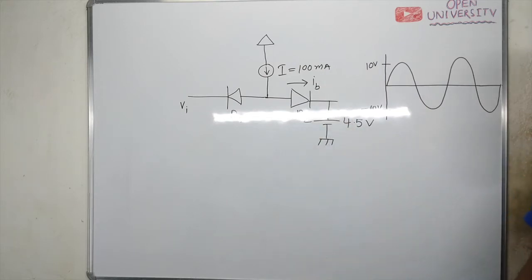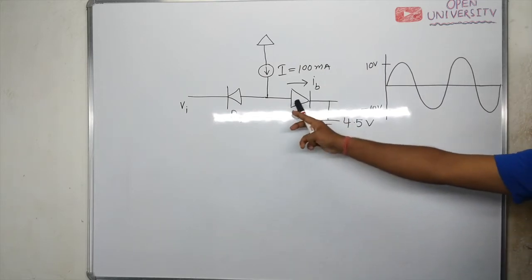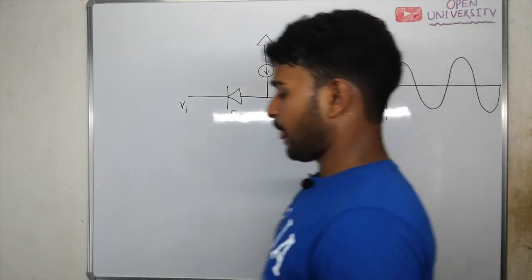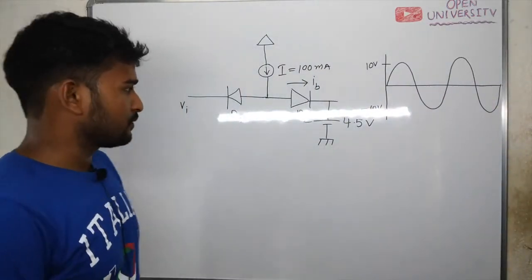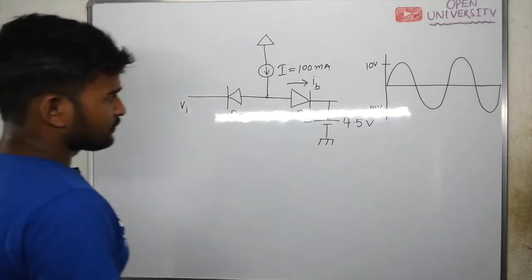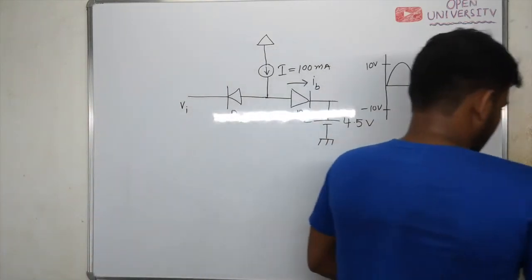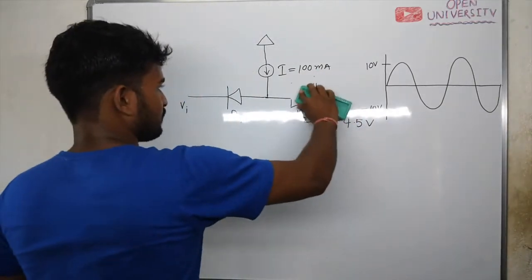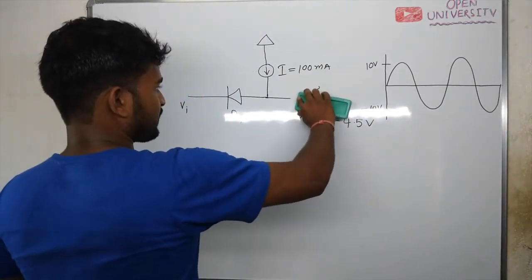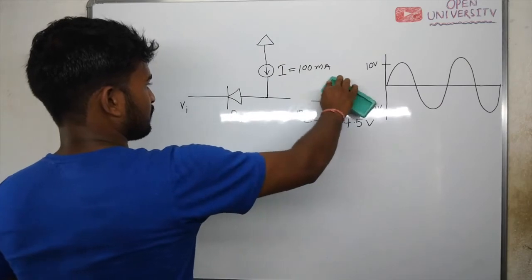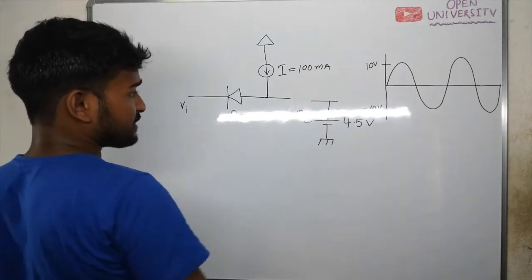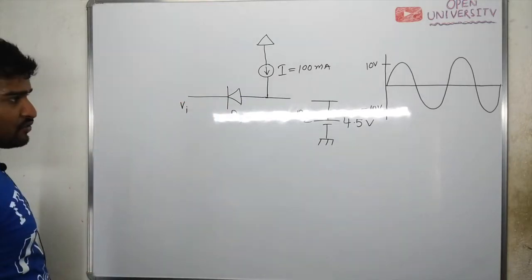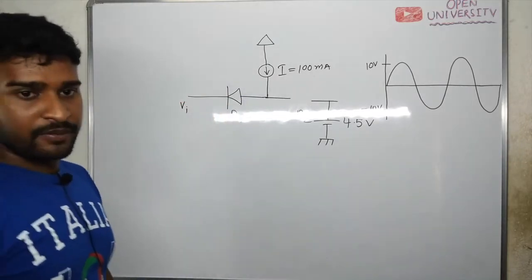Now, initially you assume the diode D2 is off. If you open circuit D2, then there will be no current in this path. So the current will flow in this path. So D1 becomes forward biased.